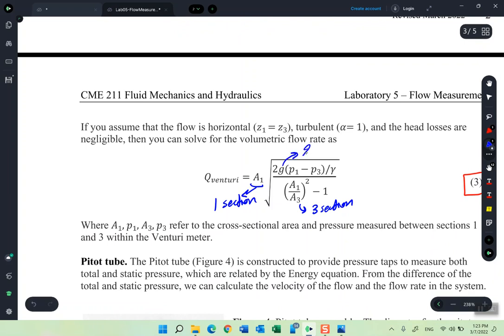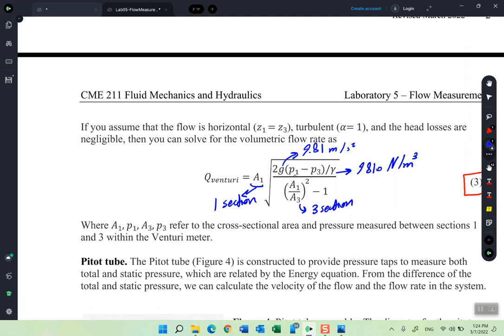Of course, it's the gravitational acceleration, 9.81 meter per second squared. And what about gamma? It is the unit weight of the water, which is 9,810 Newton per meter cubed.